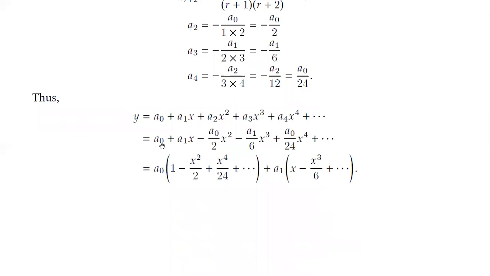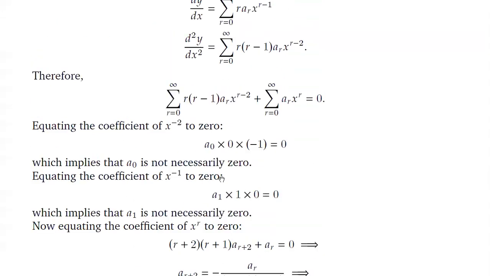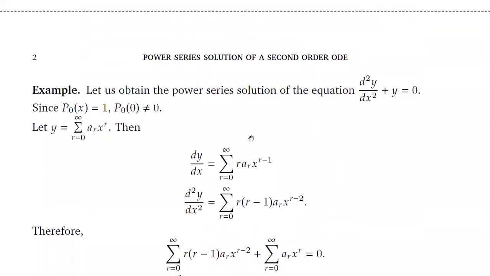Now you can see that there are some terms of a0 here and some terms of a1. Clubbing all the terms of a0, I get a0 into an infinite series plus a1 into an infinite series. So this is the required power series solution for the given differential equation.